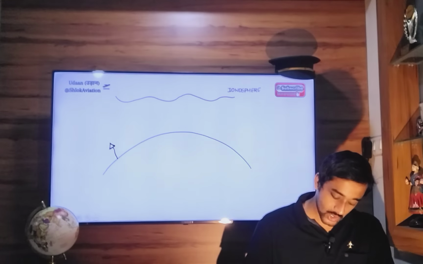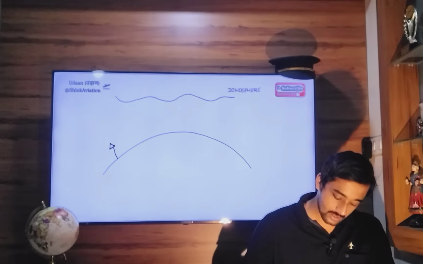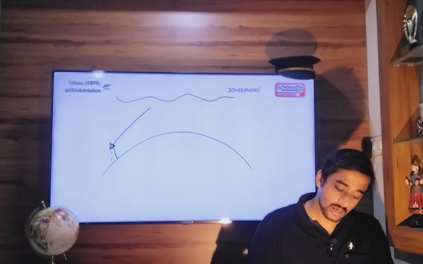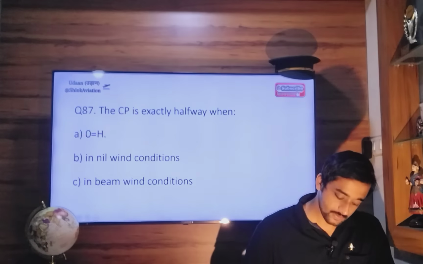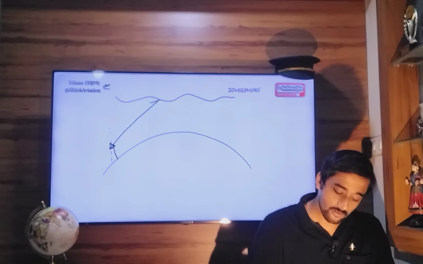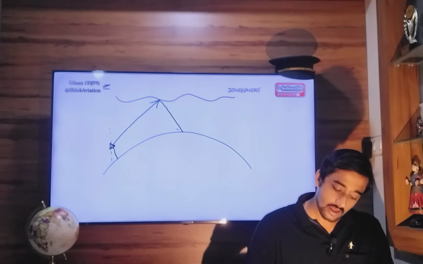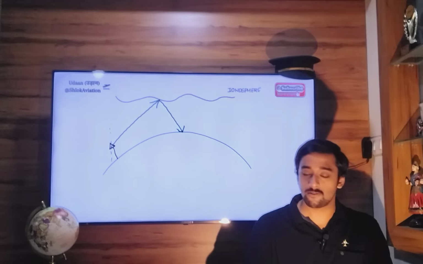At a particular angle called critical angle, this radio wave will strike the ionosphere, get refracted and reach the Earth's surface.